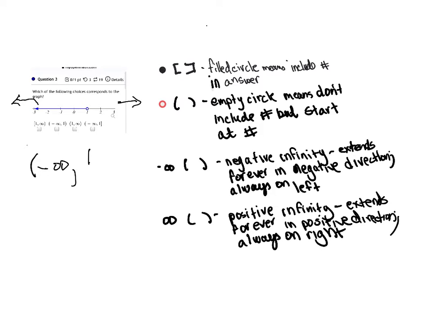Now it's an empty circle, so we're going to have a parentheses. If the circle had been filled in, we would have a bracket there. So it looks like negative infinity and 1. It looks like this one is it because it has parentheses on both sides.